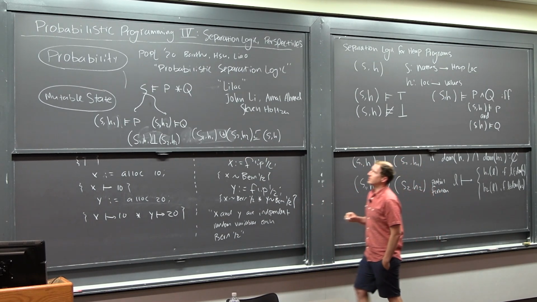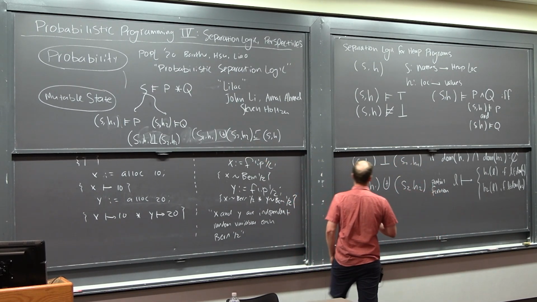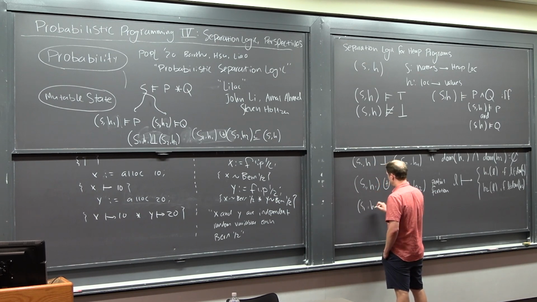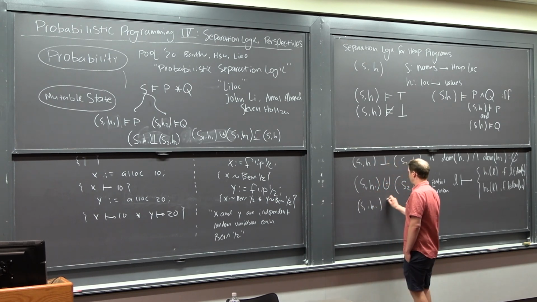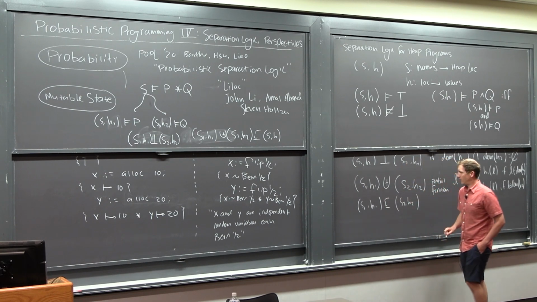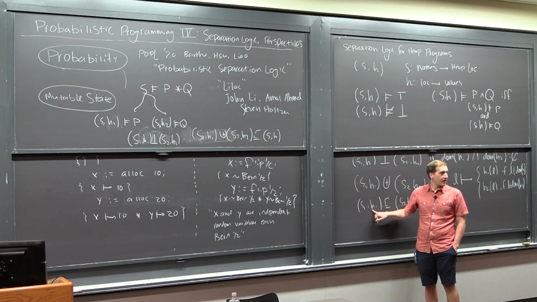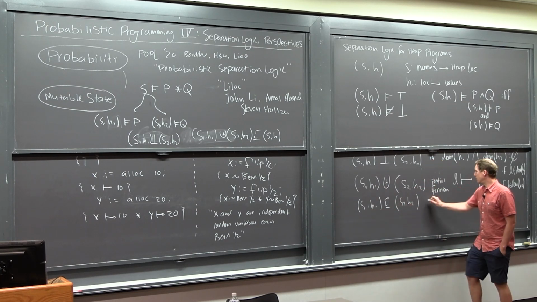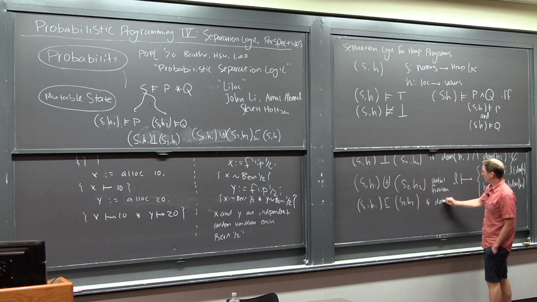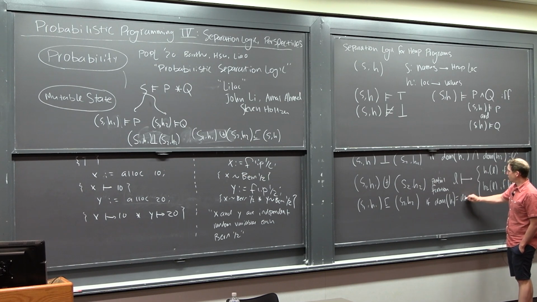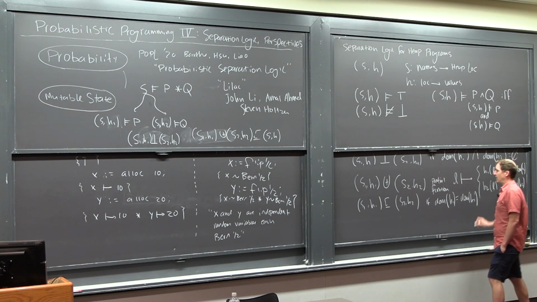And now we can define this thing. We'll say S1, H1 is contained in S2, H2 in the intuitive way if every single location in this one is in this one and if they agree on everything, right? So if the domain of H1 is contained in the domain of H2 and they agree.